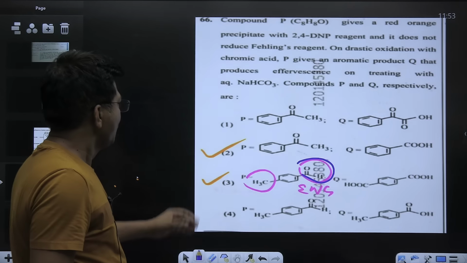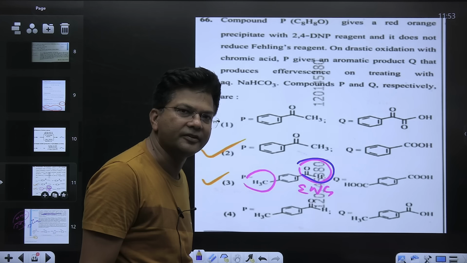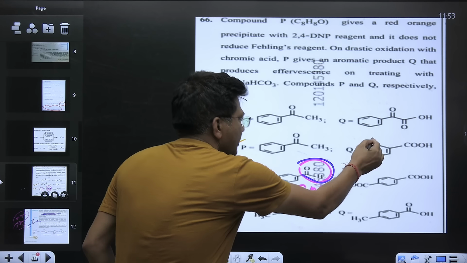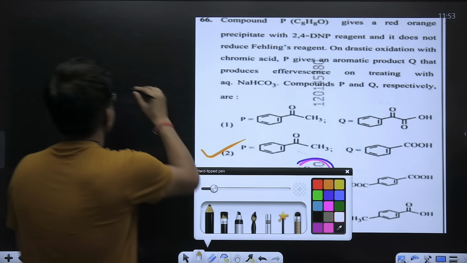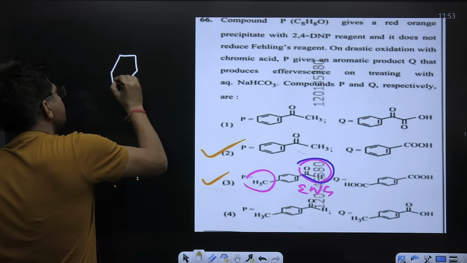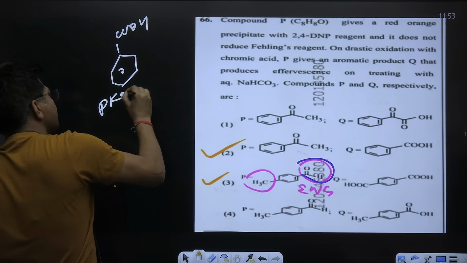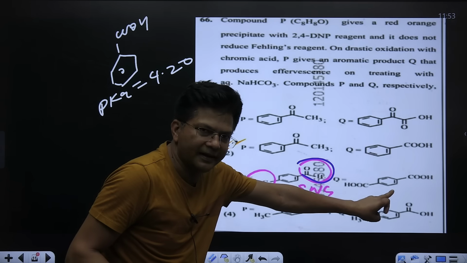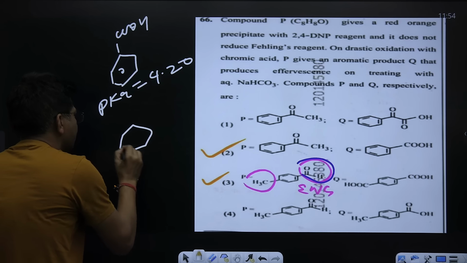Everyone is saying that only the second is the correct answer. Why? This is the more appropriate answer, and it has COOH. Let me tell you why it is more appropriate. Benzoic acid has a pKa value of 4.20, and this is terephthalic acid.